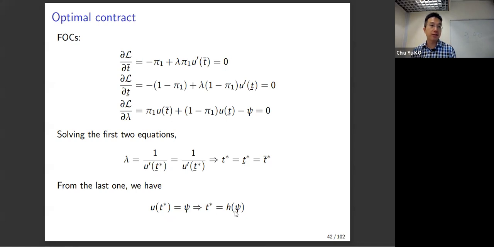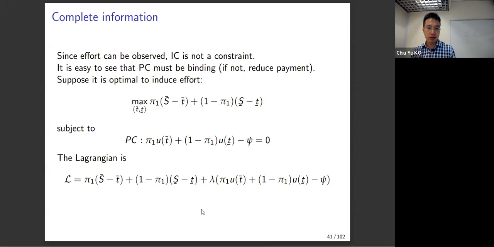T is h of mu, such that I pay him just enough to induce effort, right? Let's make him indifferent, right? Because if you don't do anything, I can observe effort, so I give you 0. If you do things, I pay the same. Is that clear?